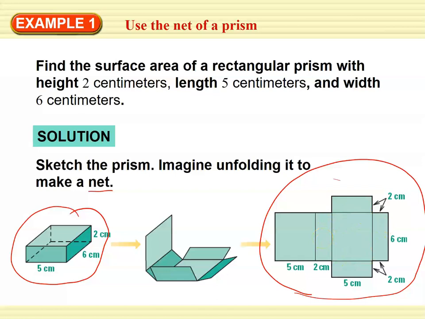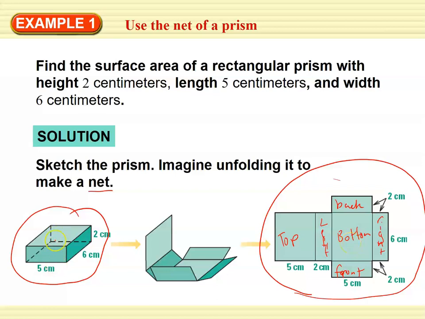Okay, so thinking about how this would unfold, this is your top, this is your bottom, this would be the left, this would be the right, and then this right here is the front, and this right here is the back. So you can kind of see how those shapes unfolded to create this.